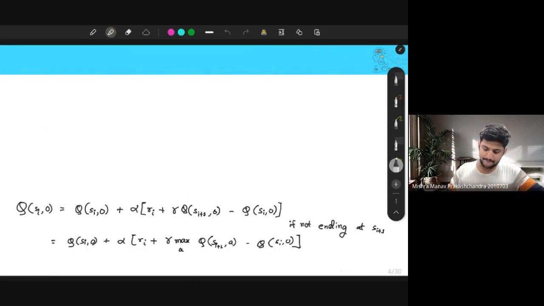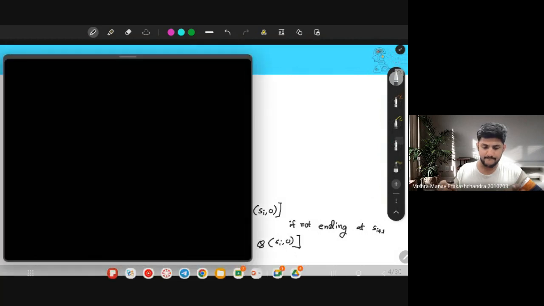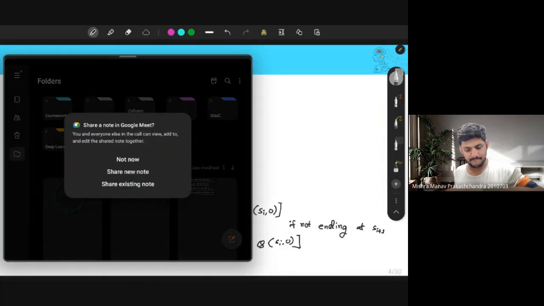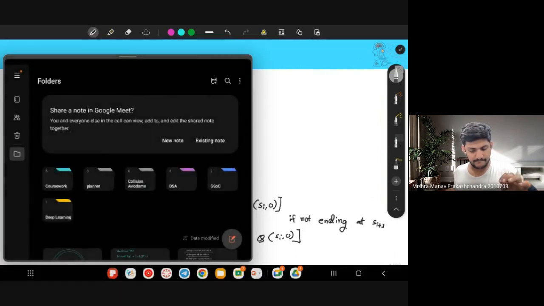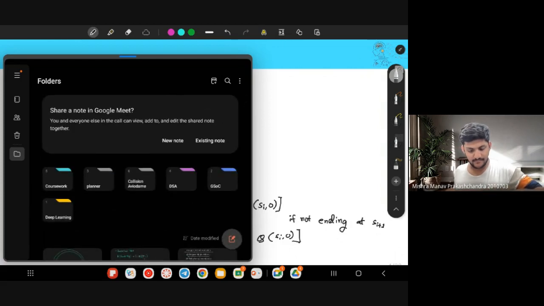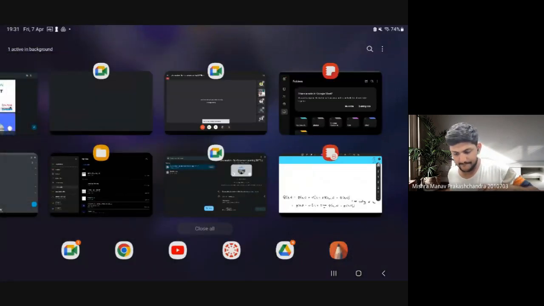We were updating options. How do I close this one? Where was I? Here.